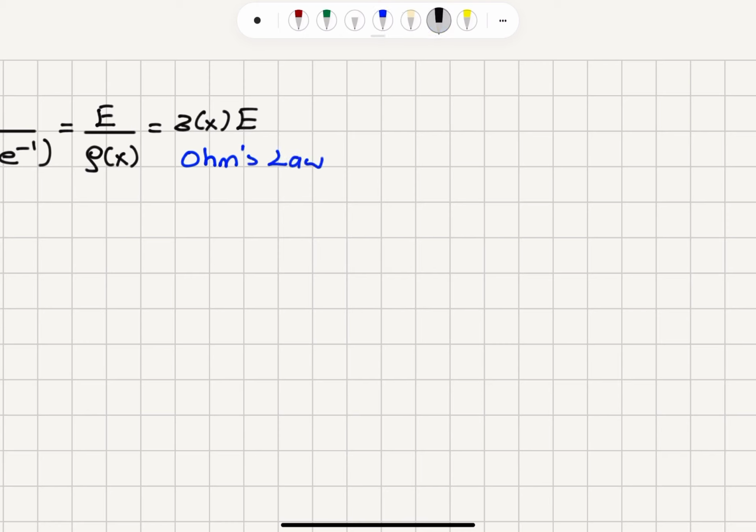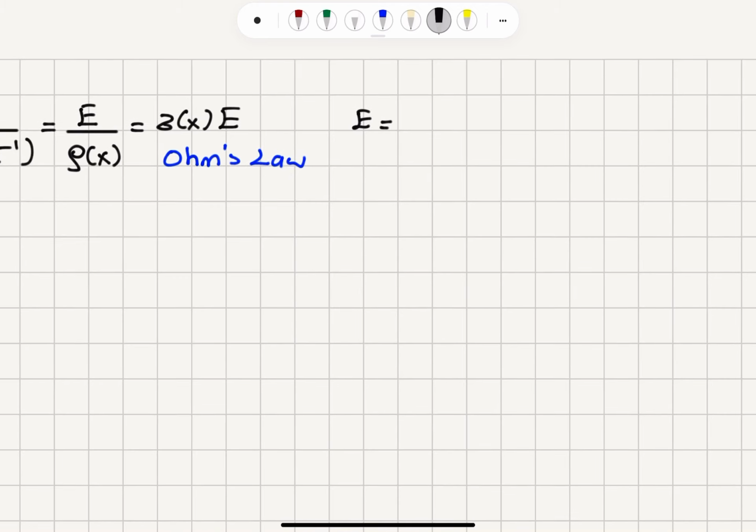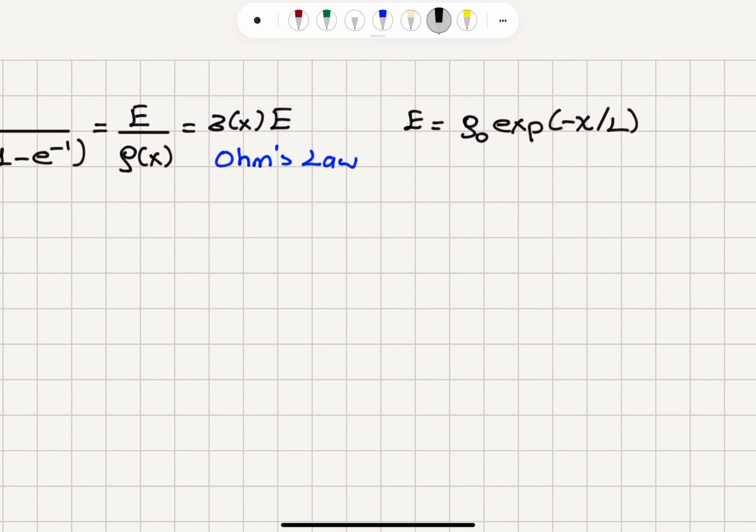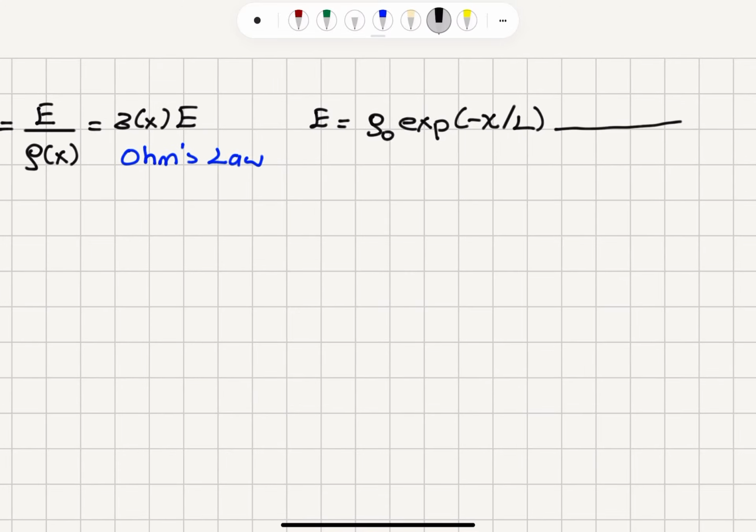The electric field will be resistivity rho 0 exponential minus x divided by capital L multiplied with the current density, which is V0 divided by rho 0 capital L times 1 minus exponential minus 1.